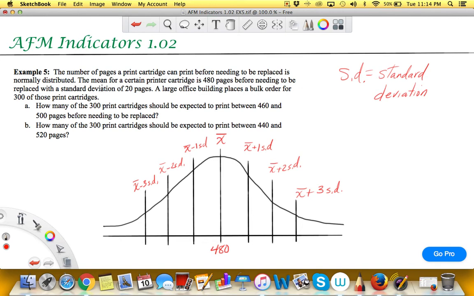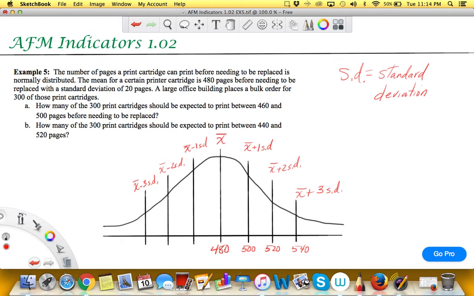So we're going to put 480 there. It has a standard deviation of 20 pages. Here I have the mean plus 1 standard deviation, so that's 480 plus 20, which gives you 500. The mean plus 2 standard deviations would be 520, and then 540 there.